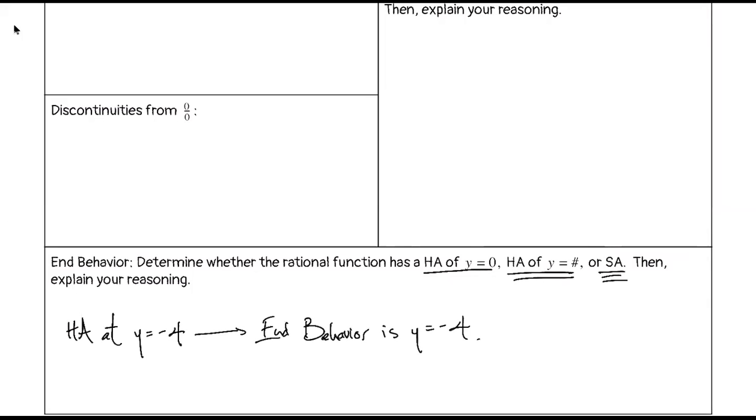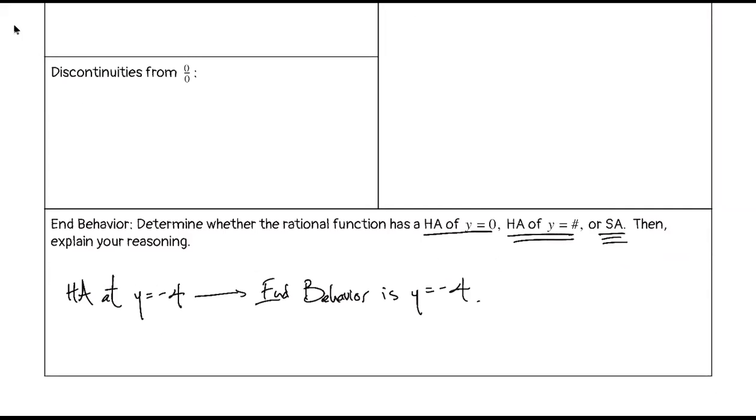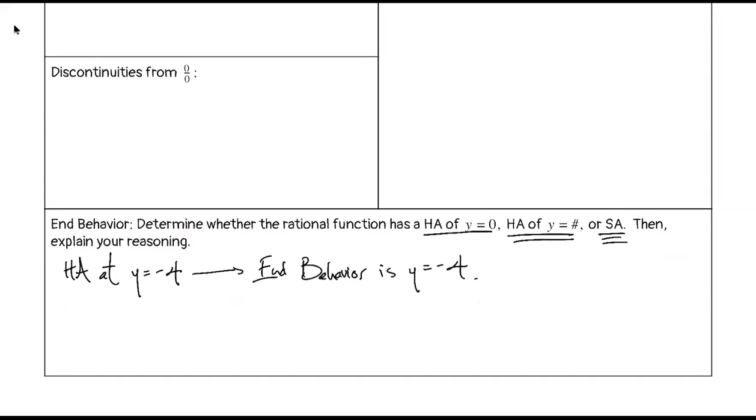Okay, so those two statements are equivalent. Now, what does an end behavior of y equals -4, or a horizontal asymptote at a number, tell us about the top and bottom of our rational function? Okay, so what does a horizontal asymptote at y equals a number tell us about our original function?